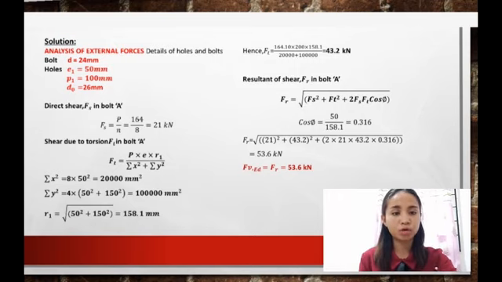The resultant of shear, Fr in bolt A, is 53.6 kilonewton, and FVED equals Fr, so equal to 53.6 kilonewton.